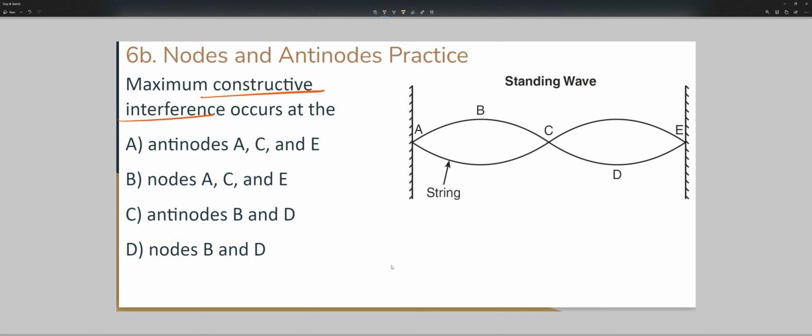Antinodes are where constructive interference takes place to get your maximum amplitude. So we're looking for antinodes. B is an antinode, D is an antinode. So antinodes B and D, and A, C, and E are nodes. All right, cool.